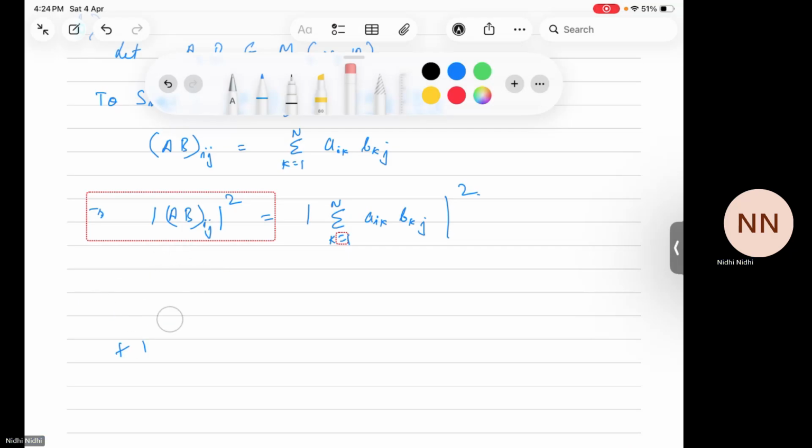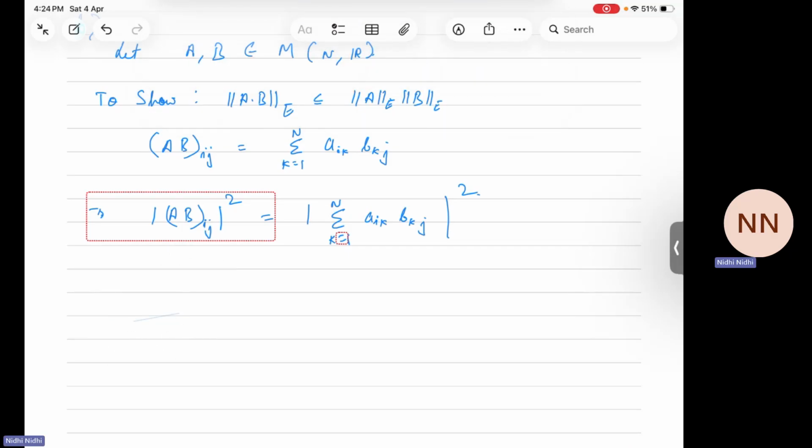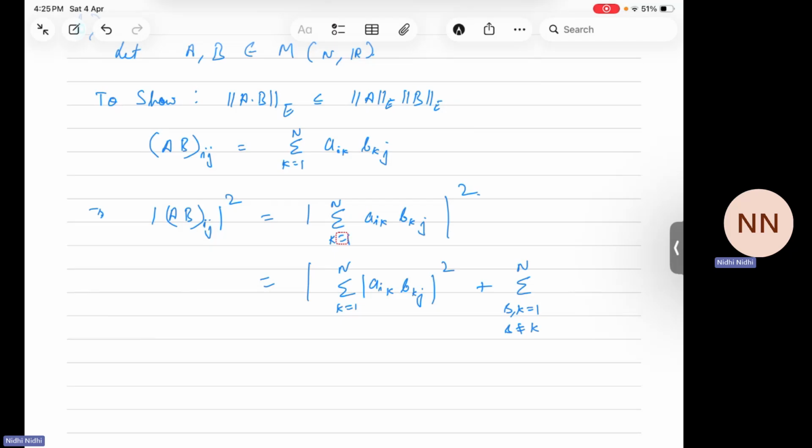So this will be the modulus of the summation k from 1 to n of a_ik b_kj squared, plus the summation over s and k from 1 to n with s not equal to k, where the terms would be a_is b_sj times a_ik b_kj.